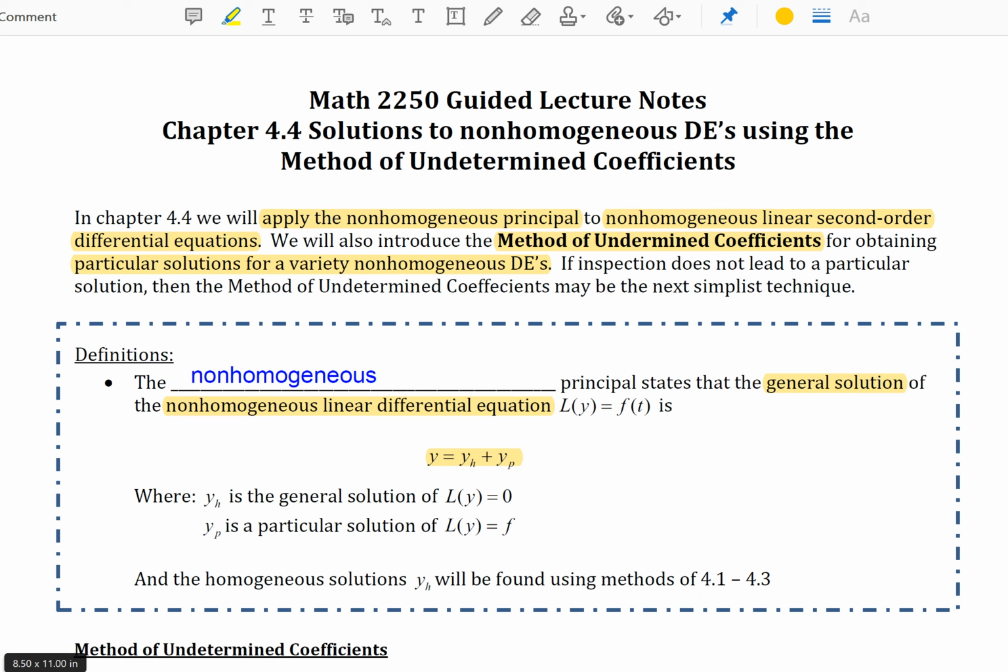We will use the fact that the homogeneous solutions yh can be found using the methods that we introduced in chapters 4.1 through 4.3.